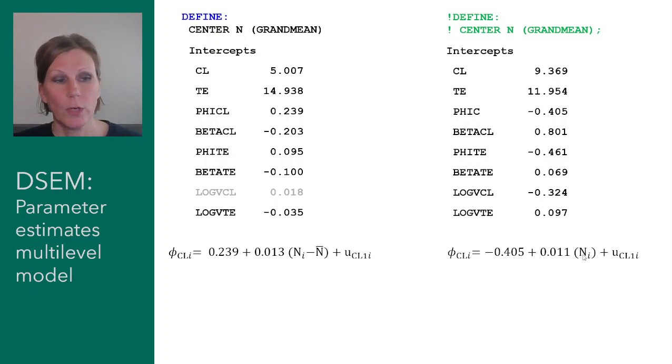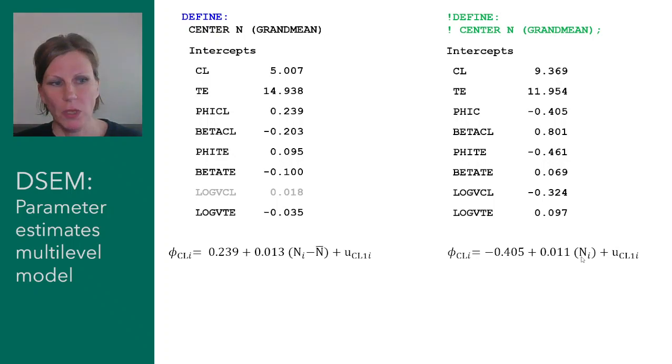And so we should know what n bar is to be able to figure out what their expected value on phi is. It also means that this intercept here is the value we expect for phi if the predictor has a value of 0.